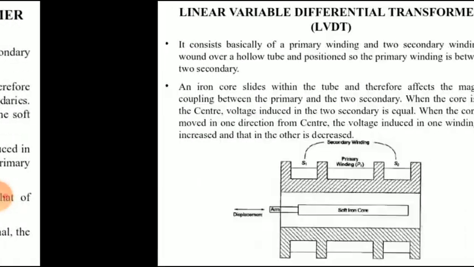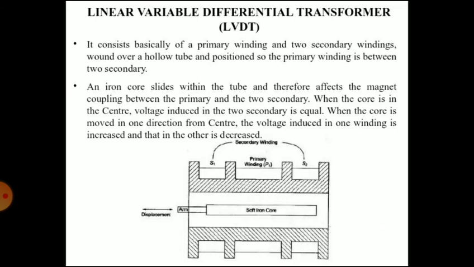Same diagram that you can watch. The primary winding is connected to an alternating current source. A movable soft iron core is placed inside the former. You can see at the middle there is a soft iron core. The displacement to be measured is applied to the arm attached to the soft iron core.